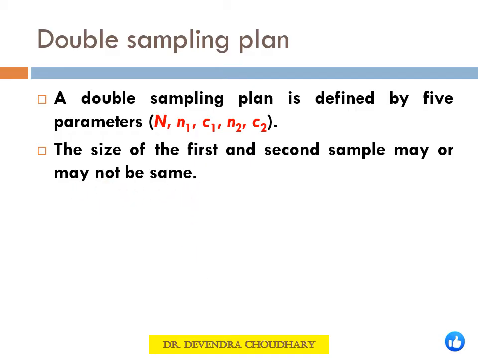Usually, in a double sampling plan, the number of items to be inspected may also be less than the sample size of the single sampling plan. This may be a situation which we will take up in subsequent sessions.